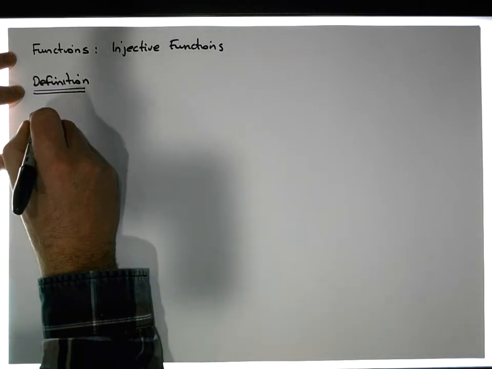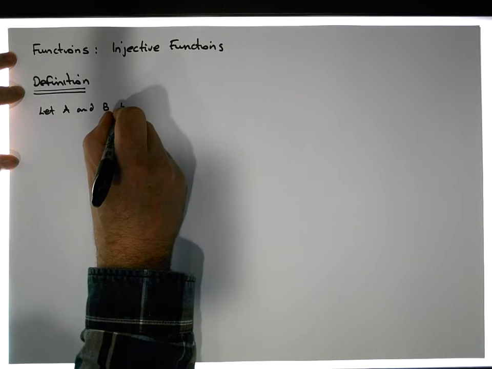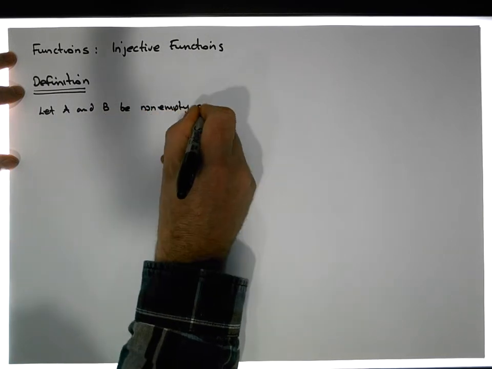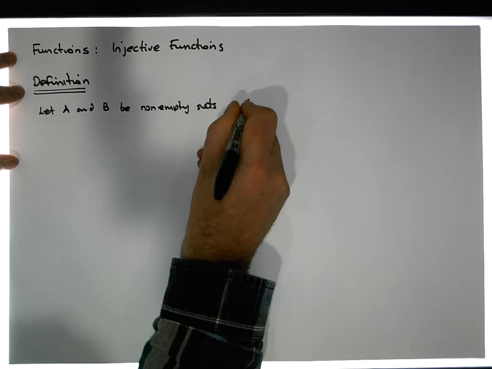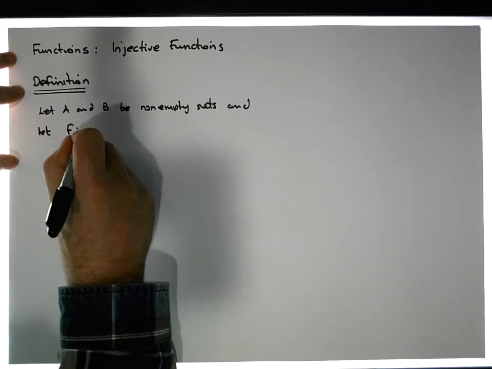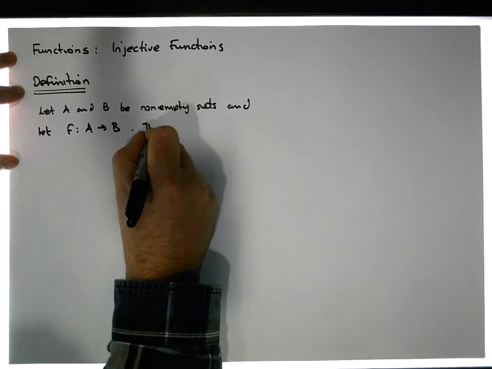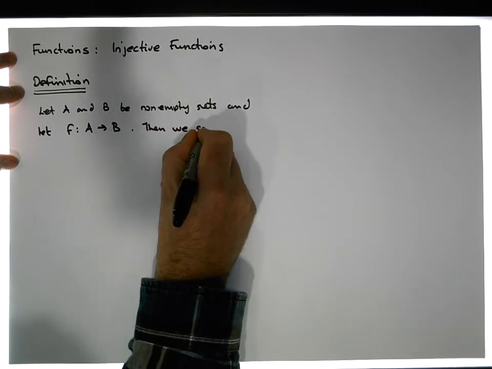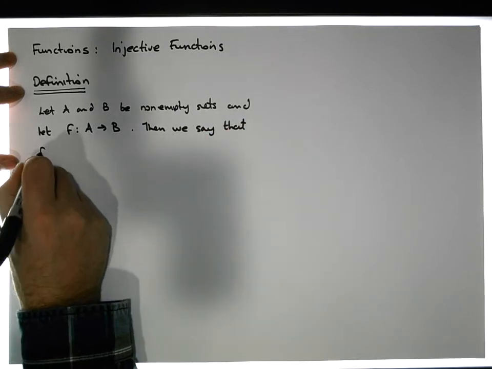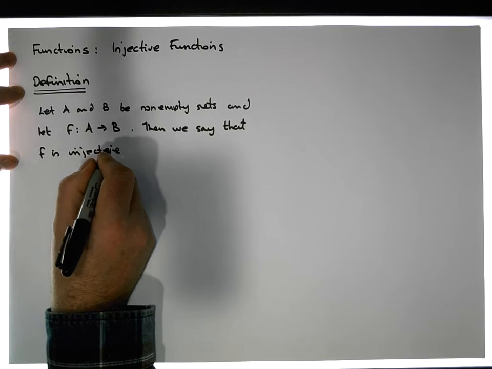So let A and B be non-empty sets, and let F be a mapping from A into B. Then we say that F is injective.